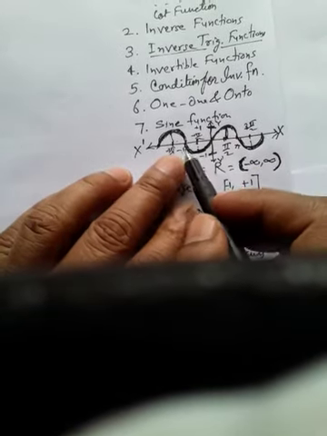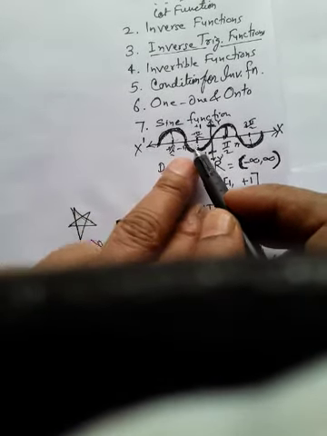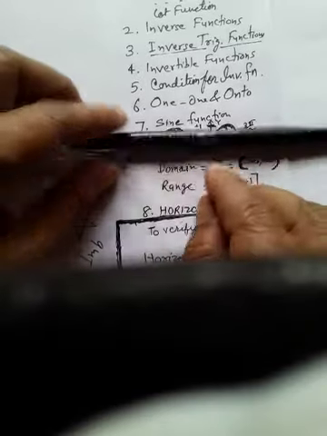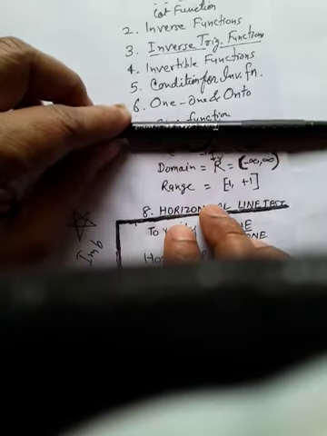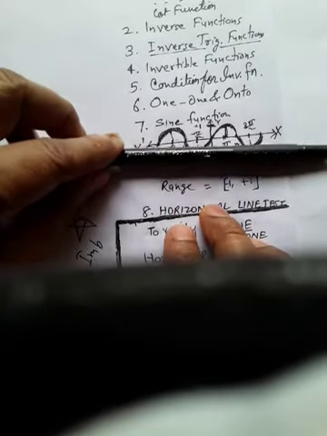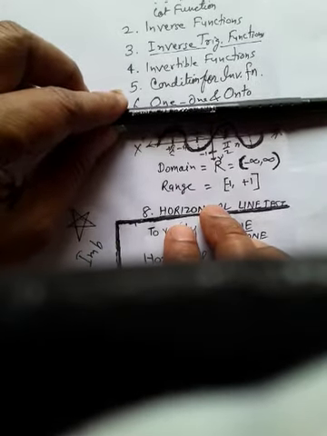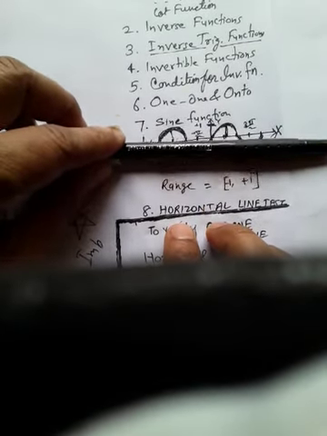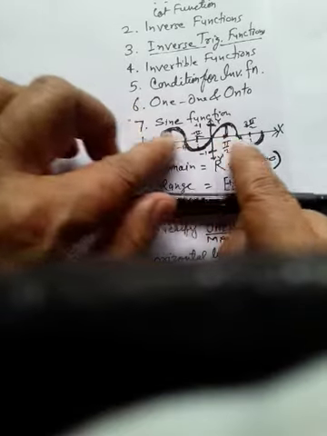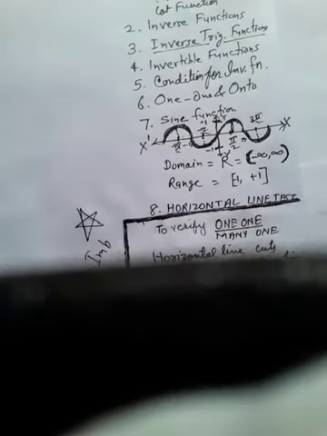You will very easily see that for the sine function, if you take any horizontal line, it is cutting at more than 1 point. Obviously it is not one-one.